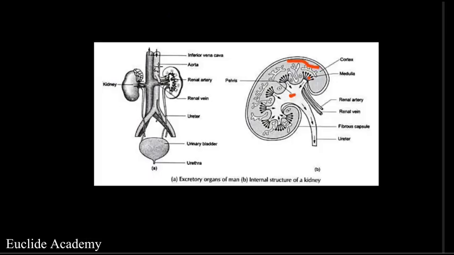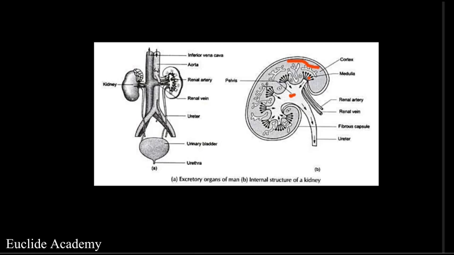We have two blood vessels that are working directly with the kidney. This is the renal artery, and it's bringing blood to the kidney. And then here you have blood being filtered.